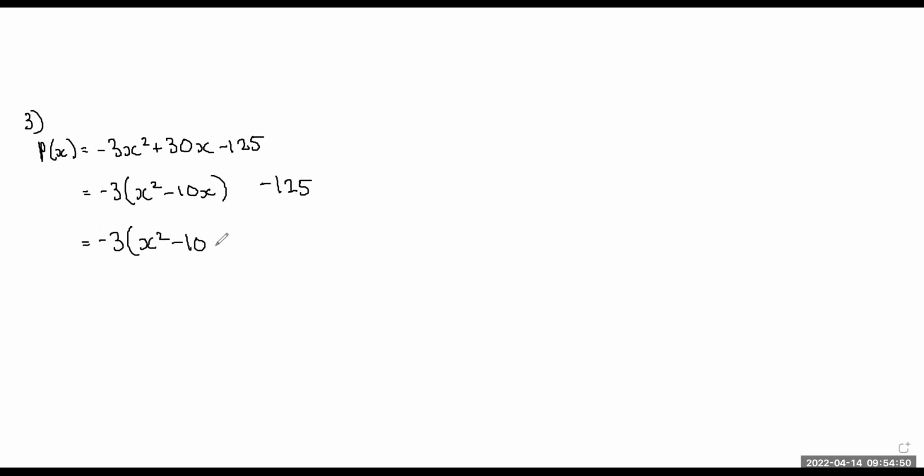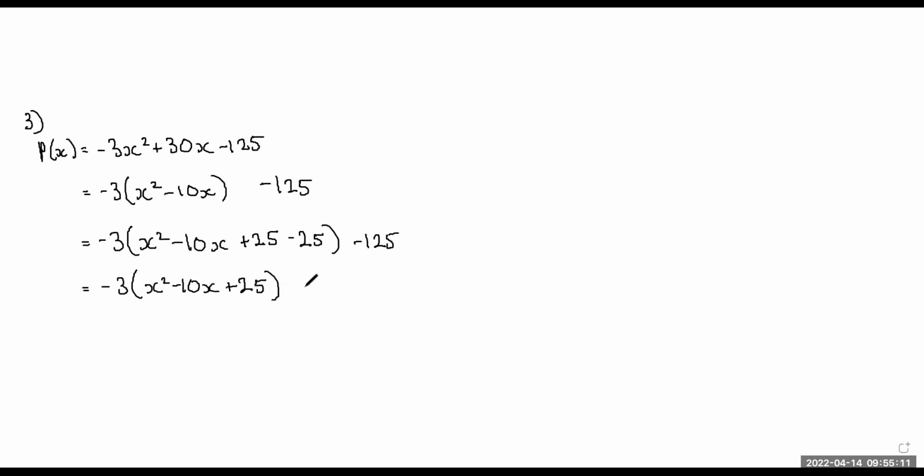Take the -10, divide by 2, and square it, that's a 25. And if I add a 25, I have to automatically subtract it as well, just to make sure the equation is not changed. Then I am going to take out the fourth term because I only want a trinomial in here.